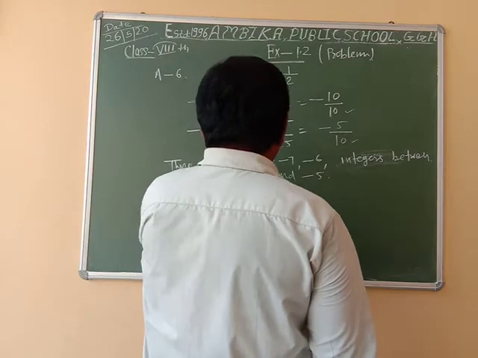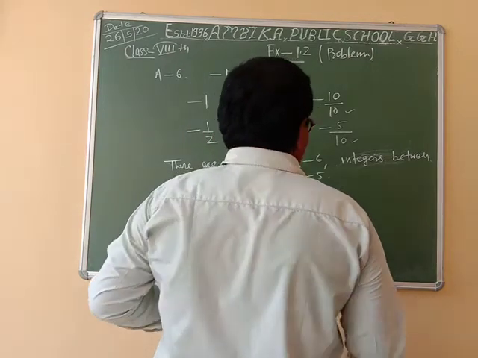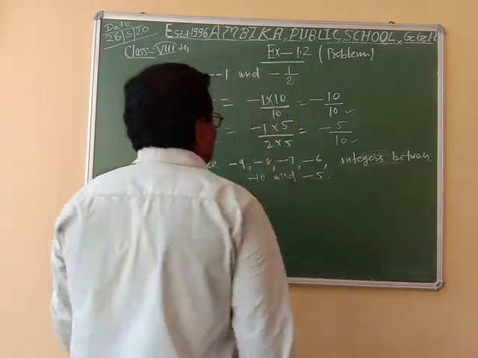There are minus 9, minus 8, minus 7, minus 6 integers between minus 10 and minus 5.